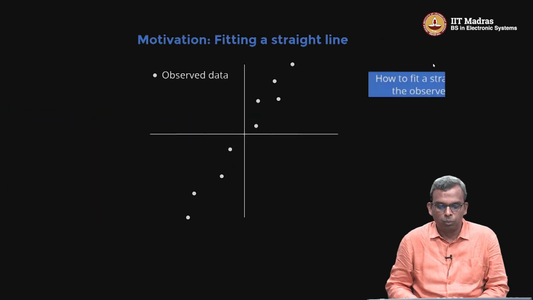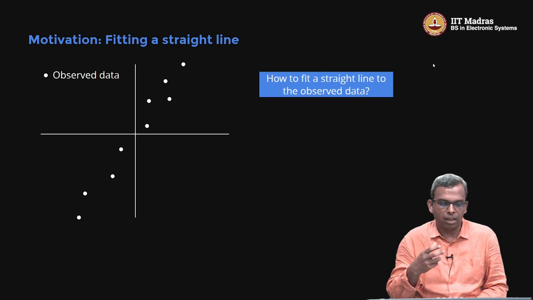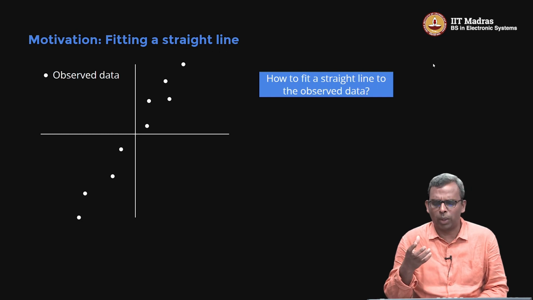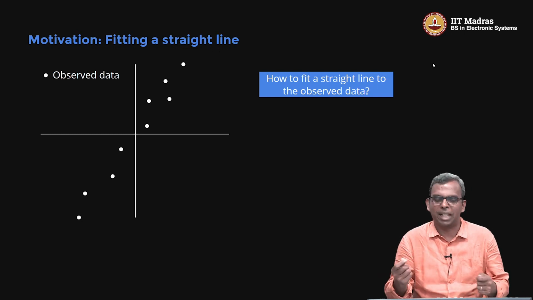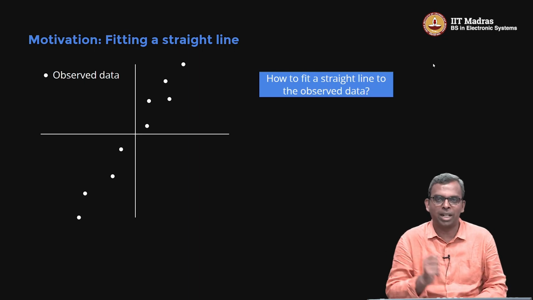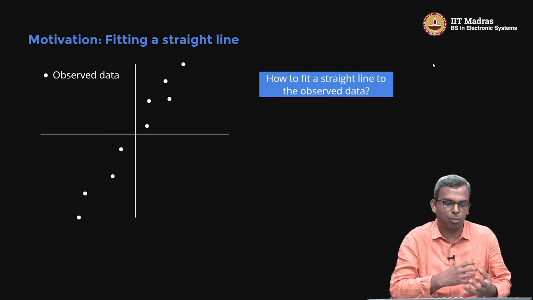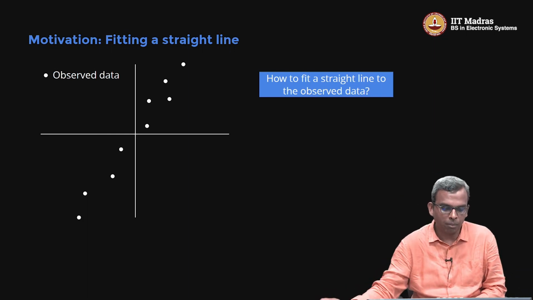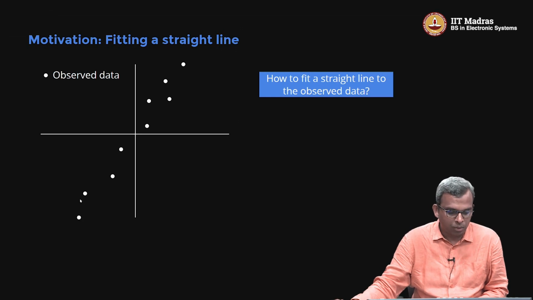Let us get started. Before we get started, let us look at the motivation for the inner product. Here is a problem which is quite common. If you're in a lab doing an experiment, you make measurements and plot the data, or it may be data from the internet, and you see that this looks more or less like a straight line.